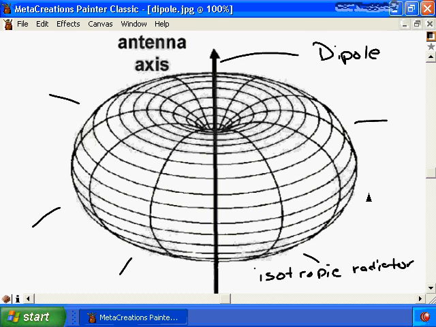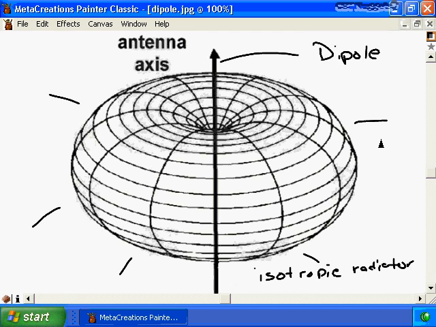The sun is an isotropic radiator that radiates its power equally in all directions simultaneously. So we don't have the technology to create an isotropic radiator antenna, so we've done the next best thing, and that is to create an omnidirectional antenna that radiates its power in a 360-degree horizontal fashion, but not 360 degrees vertically.